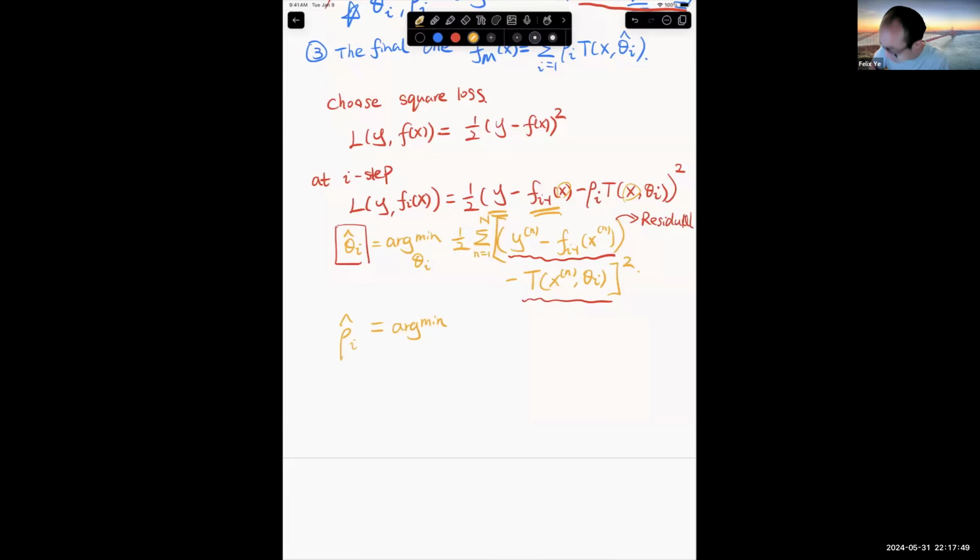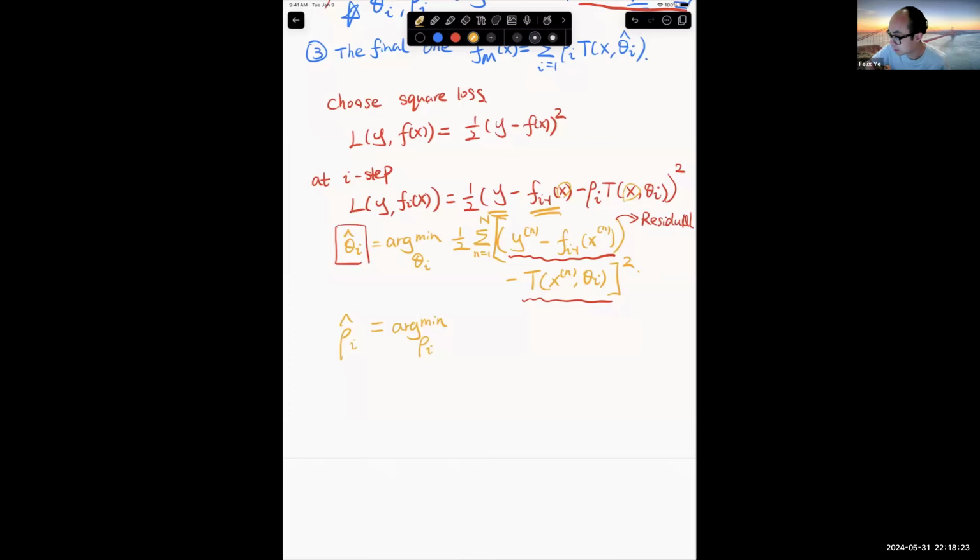You can think of this as gradient descent, where the loss decreases along the direction of the gradient. But the issue is we want to find the optimal step size, such that the learning rate is optimized along the direction of the gradient descent.